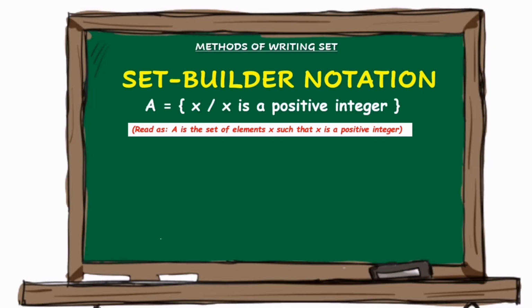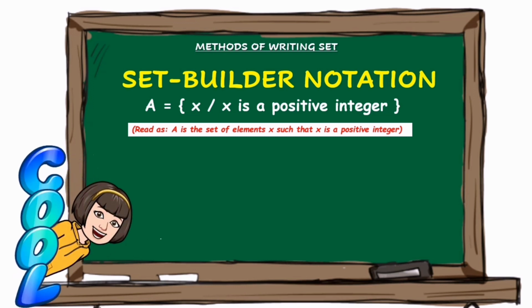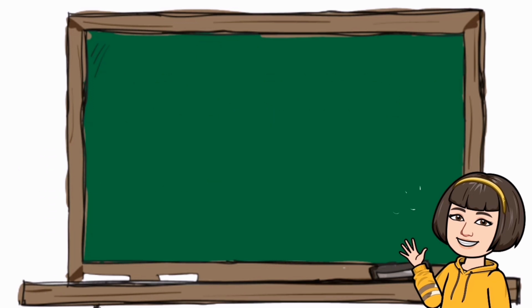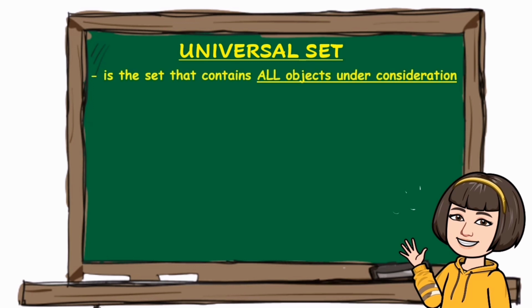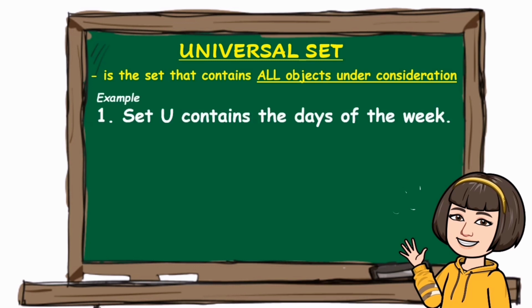Wow, sets are so cool! I want to learn more about sets. Let us now try to study the definition of the universal set. The universal set is the set that contains all objects under consideration. Can you help me form the universal set? Number 1, set U contains the days of the week. We know that there are 7 days in a week.